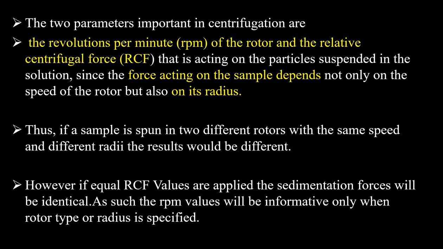The two parameters which are important in centrifugation are, one, the revolutions per minute, that is RPM of the rotor, and second, the relative centrifugal force, that is RCF, acting on the particles suspended in the solution.